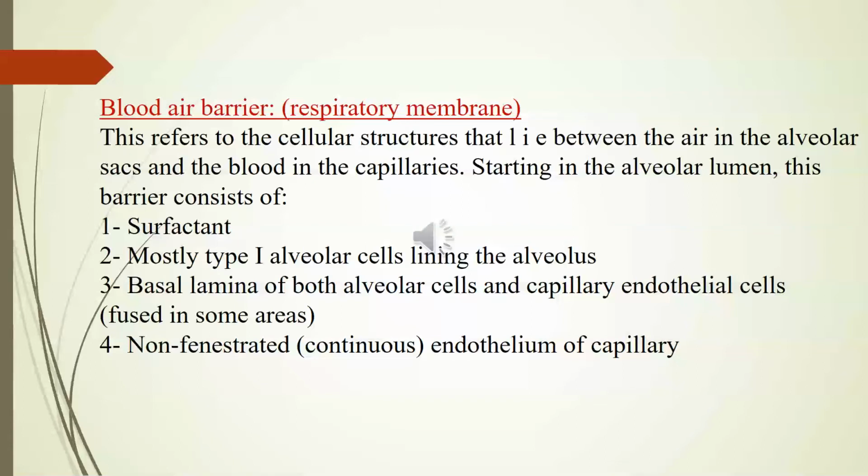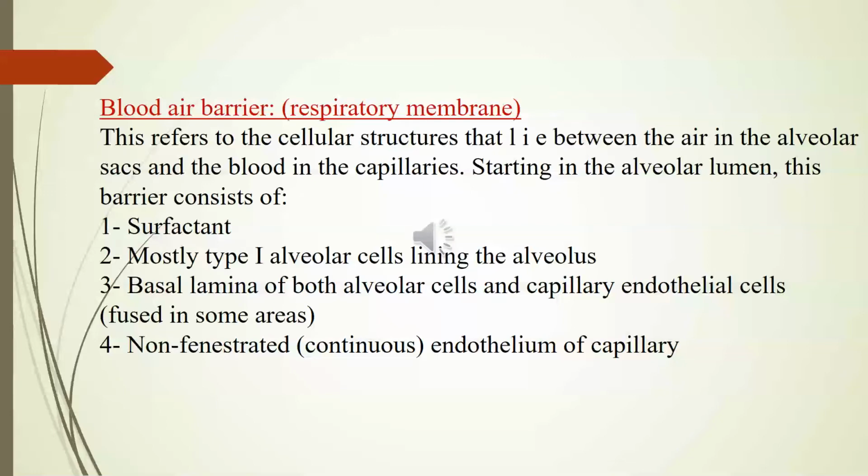If oxygen passes from the alveoli to the blood in the capillaries to be carried by hemoglobin, it will pass through the following layers: surfactant, type 1 alveolar cells (type 1 pneumocytes), the basal lamina of the alveolar cells fused with the basal lamina of the endothelial capillaries, and finally the endothelium of the blood capillaries.